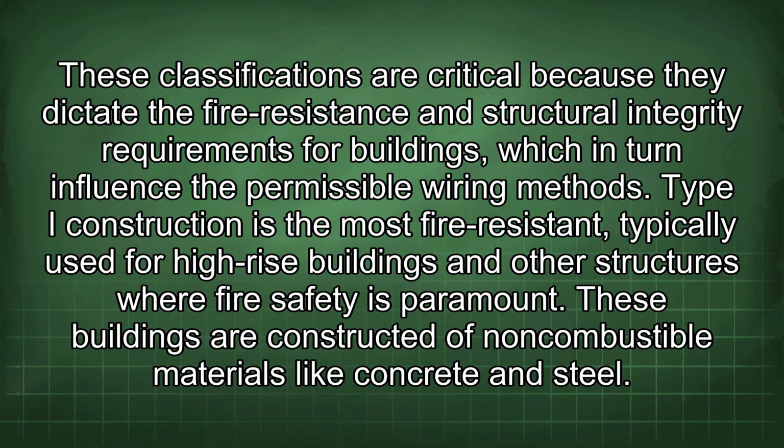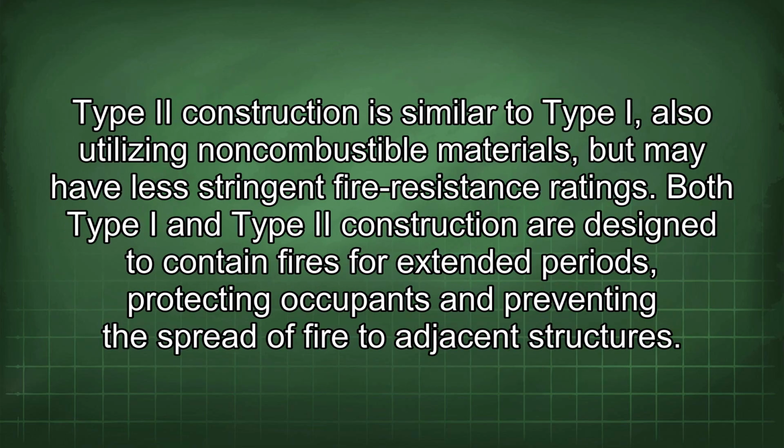These buildings are constructed of non-combustible materials like concrete and steel. Type II construction is similar to Type I, also utilizing non-combustible materials, but may have less stringent fire resistance ratings. Both Type I and Type II construction are designed to contain fires for extended periods, protecting occupants and preventing the spread of fire to adjacent structures.